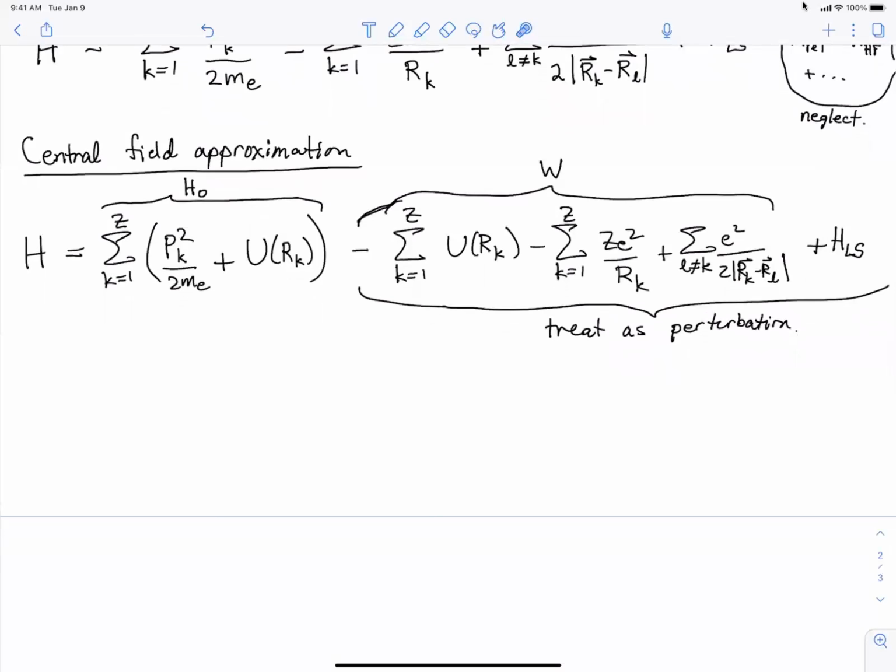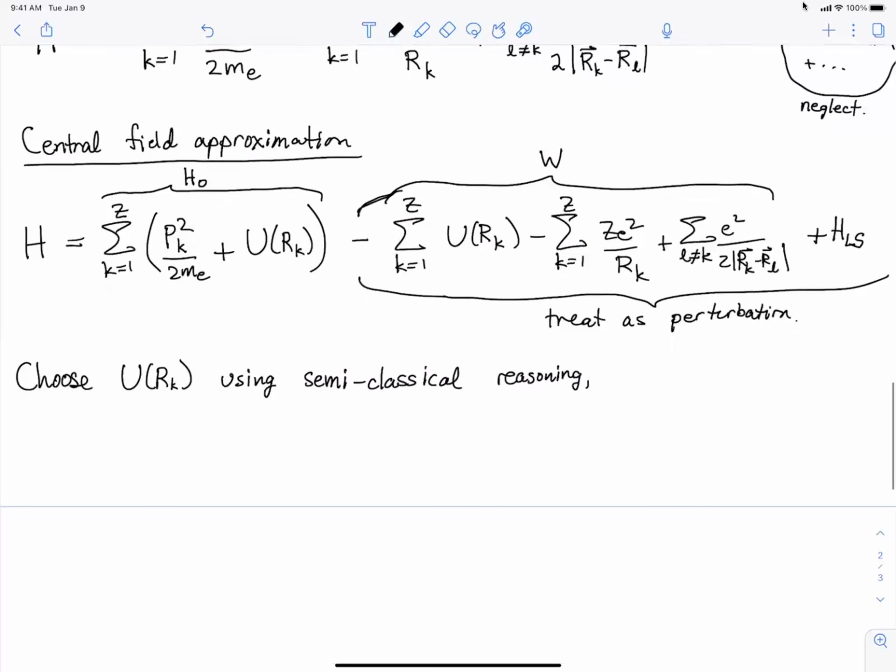Okay, so we're going to choose our potential, U of rk, because it is a potential energy, using semi-classical reasoning. I should say there's actually different ways of choosing U. There's no right way and no wrong way.